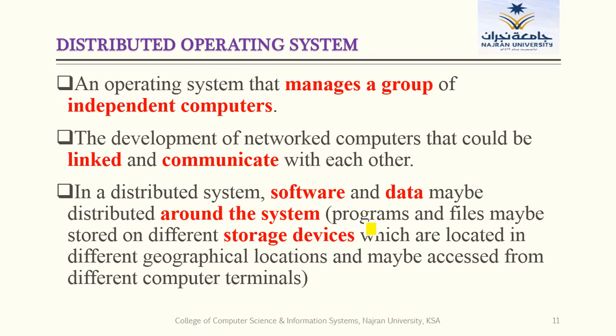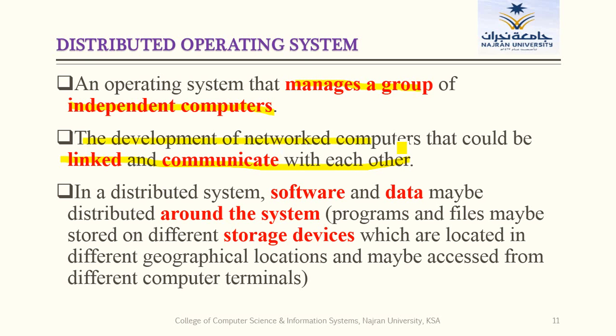Then we have another type of operating system which is called a distributed operating system. In a distributed operating system, as its name shows, it is distributed in different locations. So it is an operating system that manages a group of independent computers. This comes from the development of networked computers that can be linked and communicate with each other.